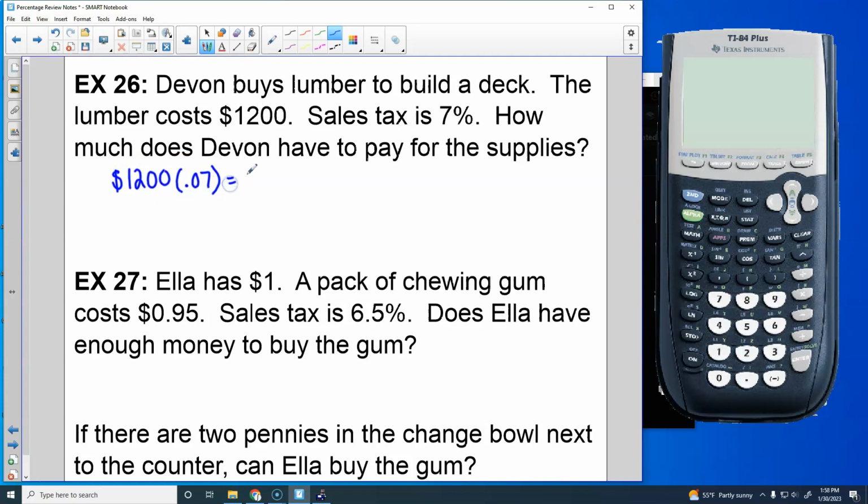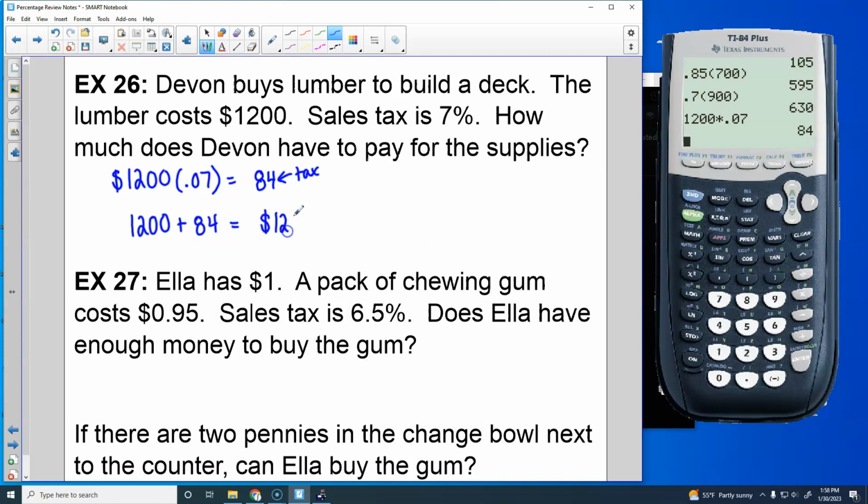If I do that, I get $84. That's your tax, right? So then I would take 1,200 plus 84, which gives me 1,284, which would be my total.